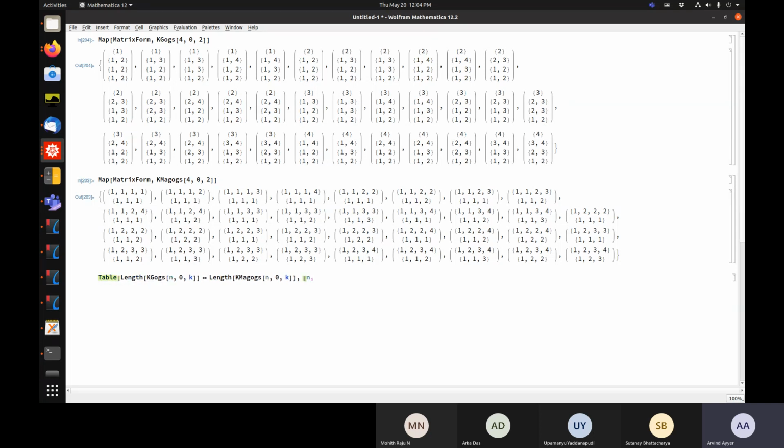So let's go n going from 2 to 5. I don't want to go very high, but I want to show you that it is non-trivial. So k going from 1 to n. You see there. So I'm just saying that these two lengths are equal, and it will return true.